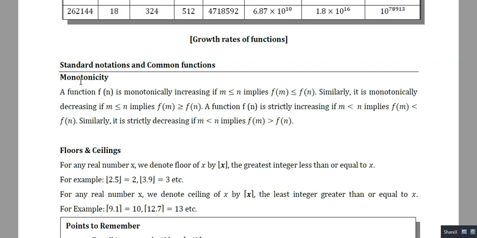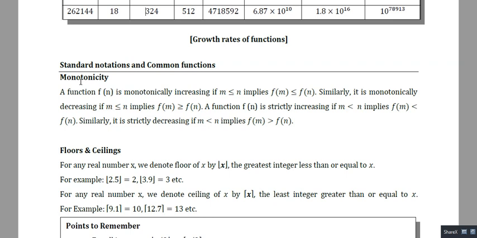It means if the value of input x increases, then the value of f(x) will also increase. That is a monotonic increasing function. And if the reverse happens, then that is called a monotonic decreasing function. It means we are increasing the input value of x, but the result f(x) is decreasing.